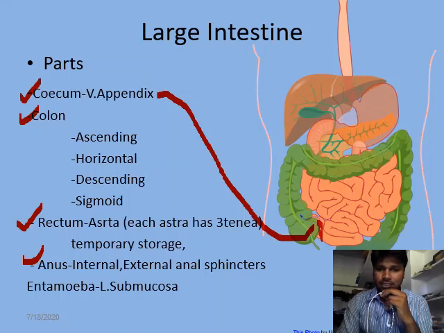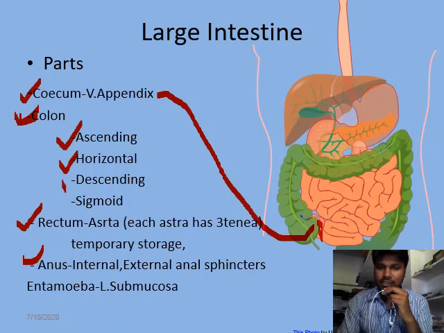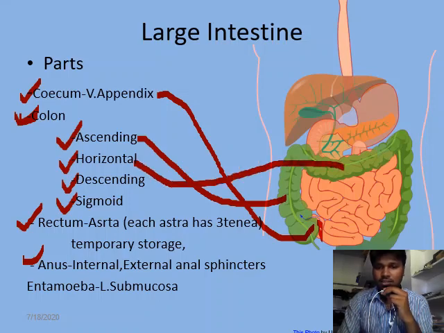The immediate next part is the colon. Colon can be subdivided into 4 types: ascending colon, horizontal, descending, and sigmoid colon. Ascending colon, the name itself says that it is going upwards. So this is the ascending colon, and the next one is the horizontal colon because it is horizontal in shape.